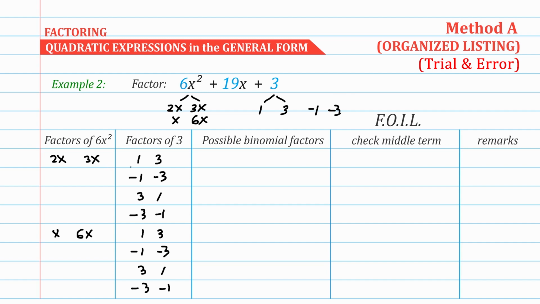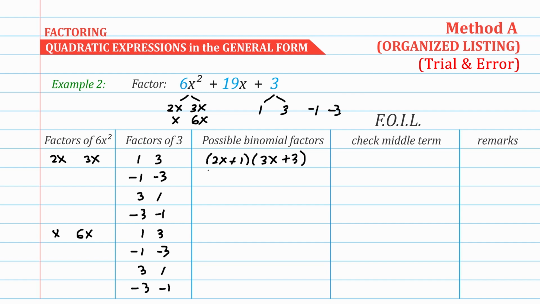Di bale, kahit marami tayong itatry, alam natin yung shorter way of doing this. So, possible binomial factors, let's try to write them. Let's partner 2x times 1, 2x plus 1, partner 3x with 3, 3x plus 3. Okay?